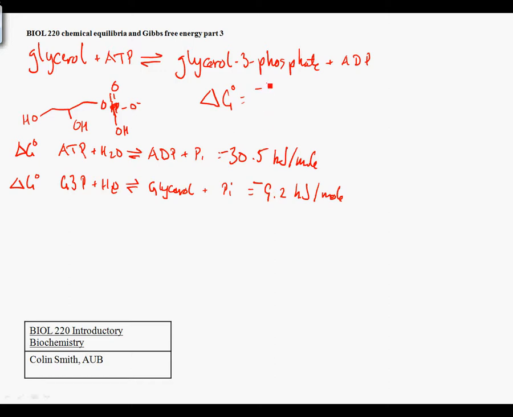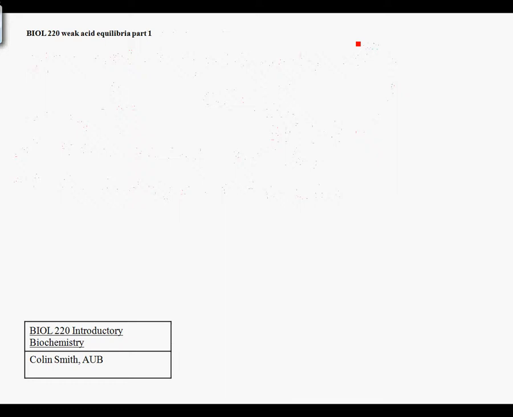This reaction, ATP going to ADP, is the direction we're looking, and glycerol going to glycerol 3-phosphate is the other direction, so we are subtracting a negative value, 9.2, and this is equal to negative 21.3 kilojoules per mole. So that is true of this reaction up here.